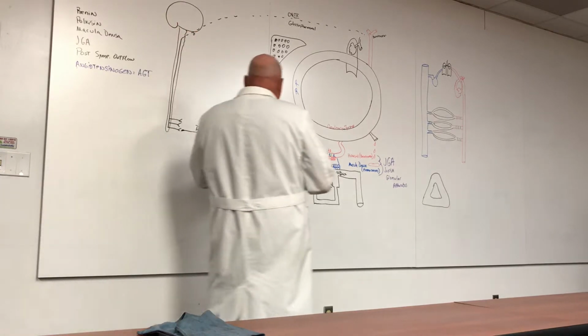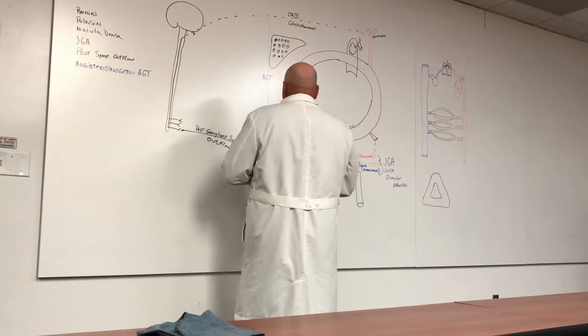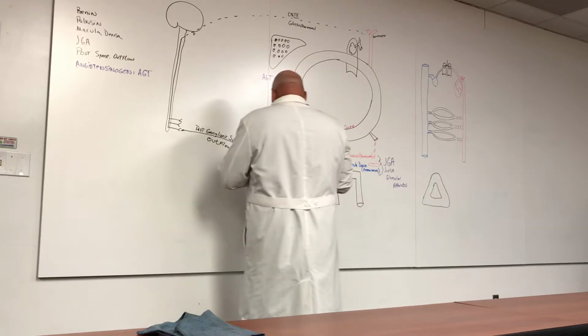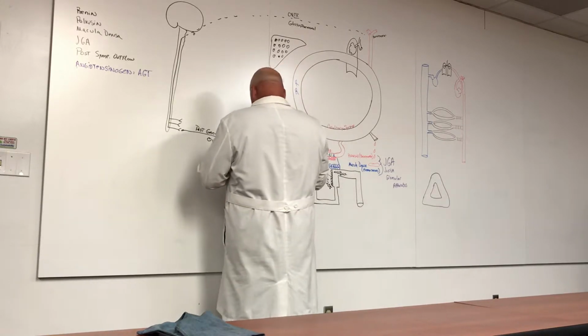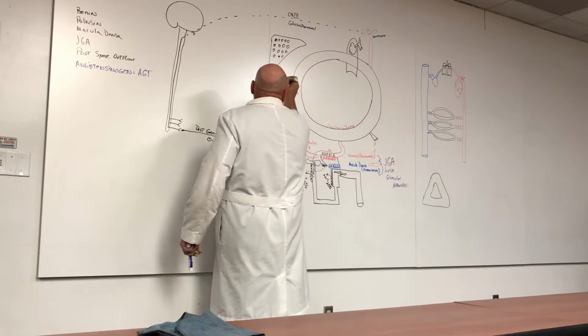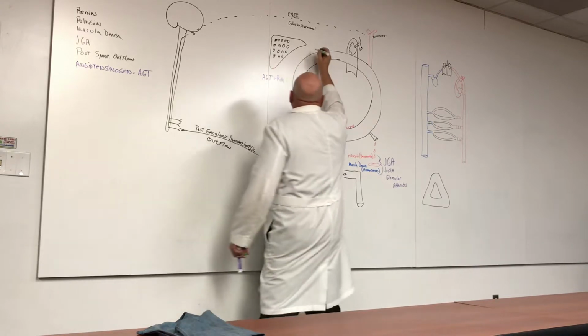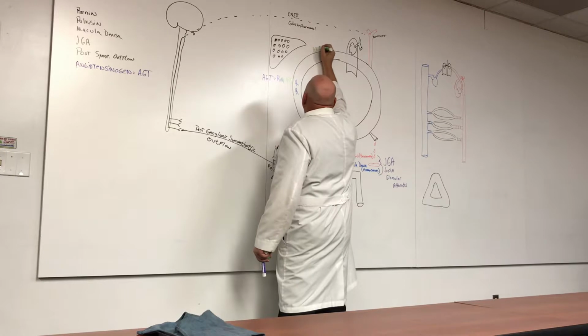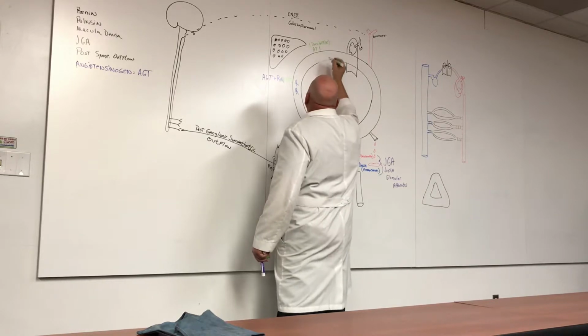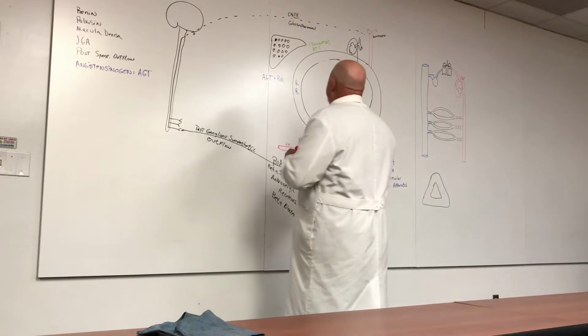So angiotensinogen plus renin yields what? Angiotensin 1. Angiotensin 1, which is a decapeptide. Okay, angiotensin 1, which is a decapeptide.